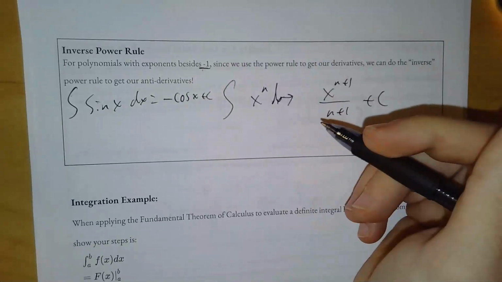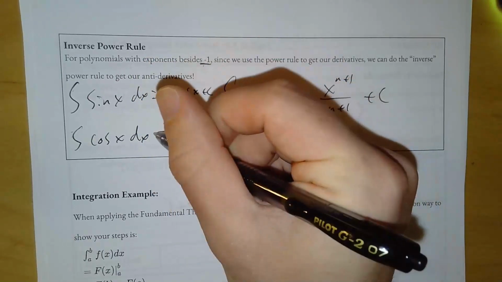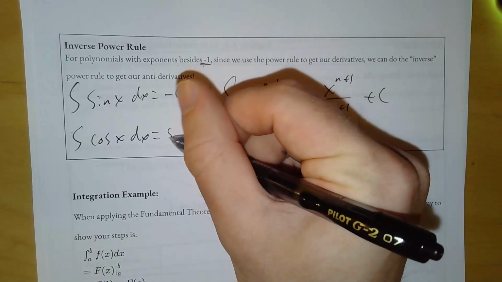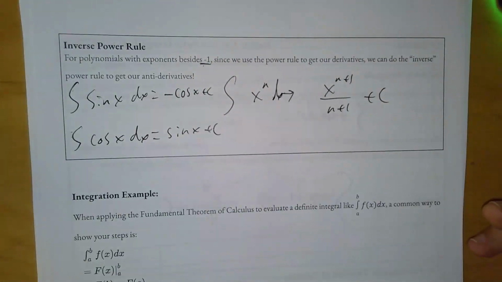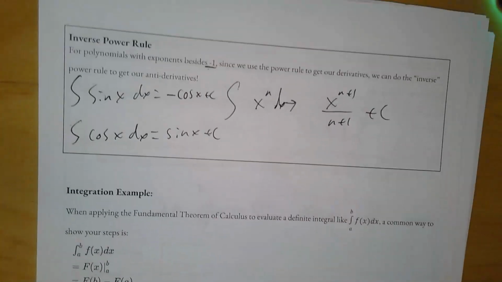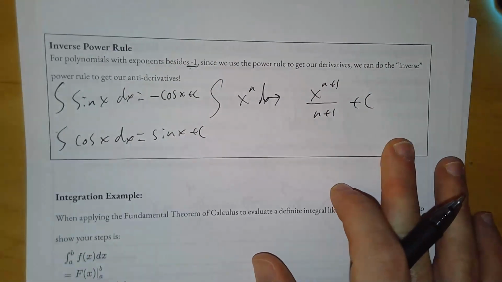That's going to get you sine x. And similar for the integral of cosine x, well, the derivative of sine is cosine, so it must be sine x plus c. Okay. Those are the only antiderivative terms that you need to know, the only integrals you need to know.